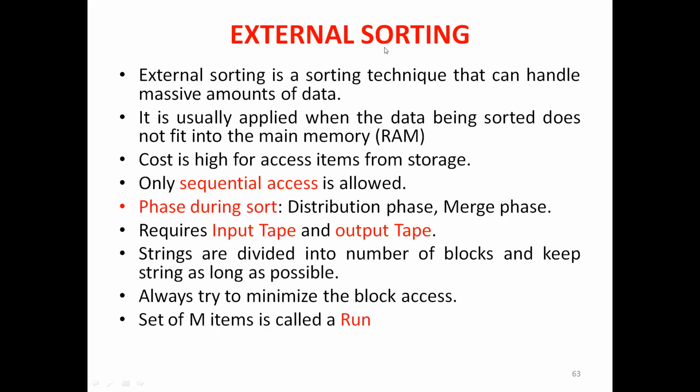In such a case, that type of sorting is called external sorting. If the elements are stored in the external storage, secondary storage, hard disk, and you are going to sort those records in the external storage, that type of sorting is called external sorting. External sorting is a sorting technique that can handle massive amounts of data, in terms of GB, in terms of TB, terabyte.